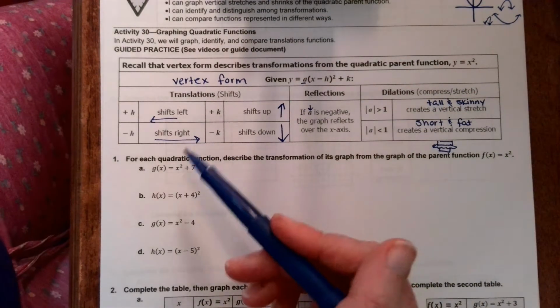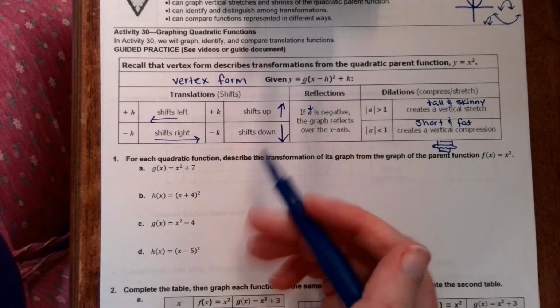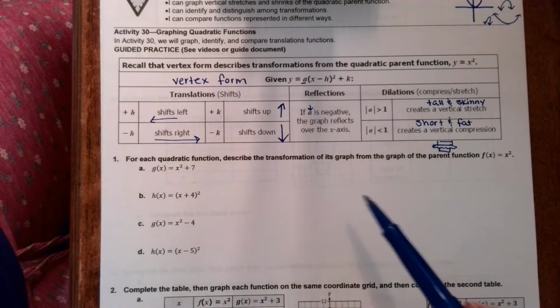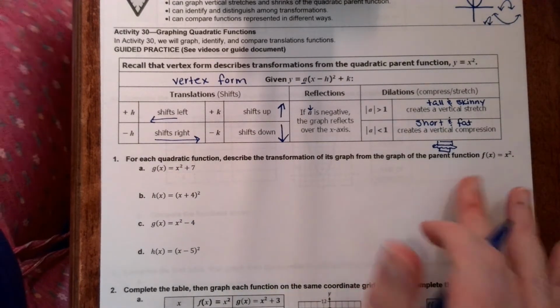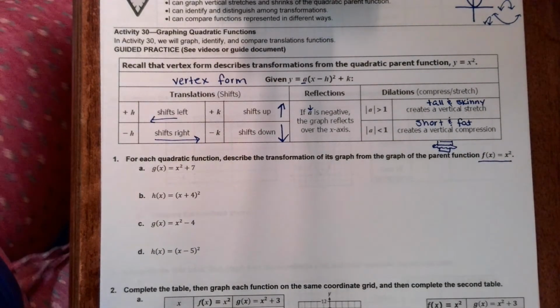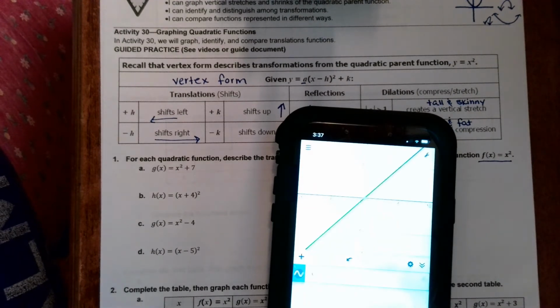We are not going to graph it, though we could if you wanted to. I could pull it up on Desmos. It says for each quadratic function, describe the transformation of its graph from the graph of the parent function. Knowing that this is our original graph, let me pull Desmos back up. This is just x squared.